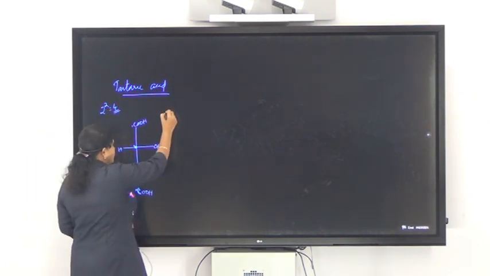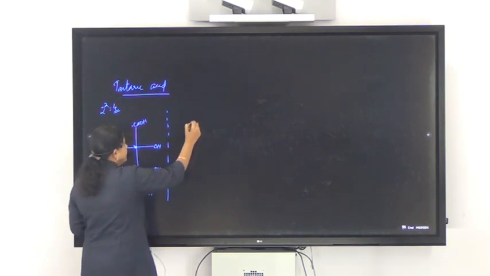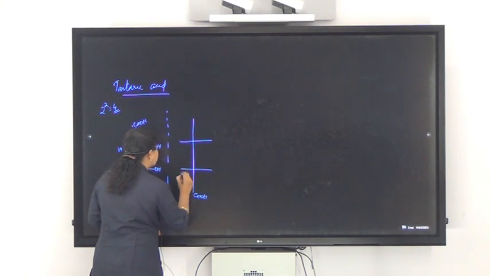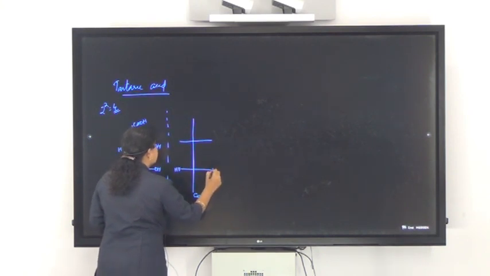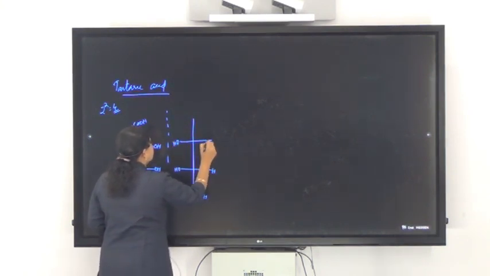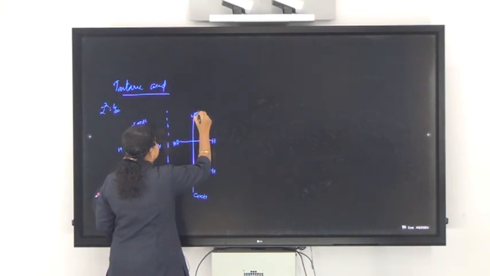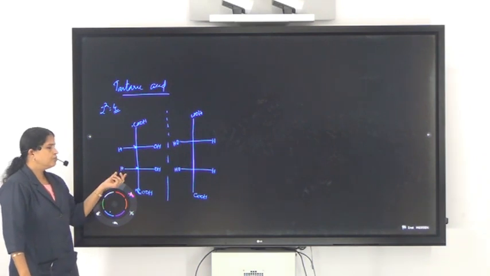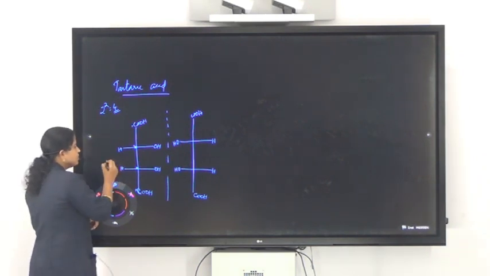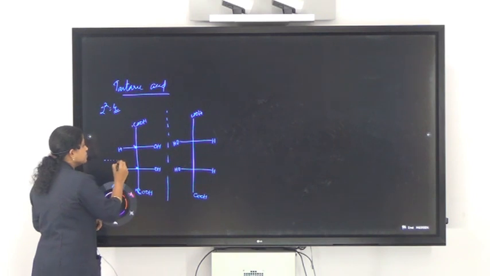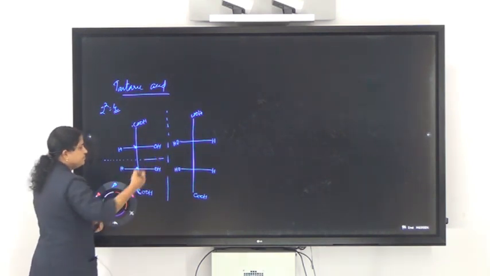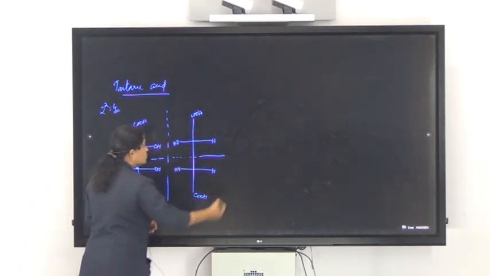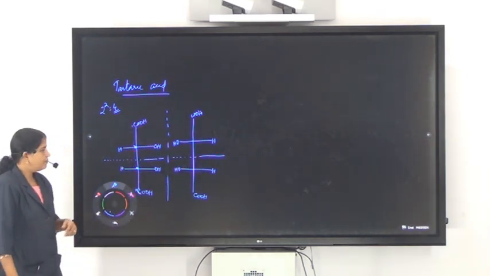Then we can write the isomers. Take the mirror image of this one. Now look at this molecule. This molecule possesses a plane of symmetry through this plane. For this mirror image also there is a plane of symmetry. So what happens?